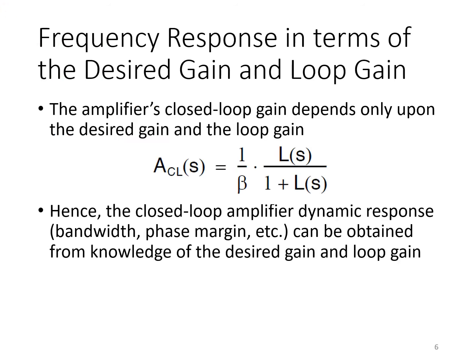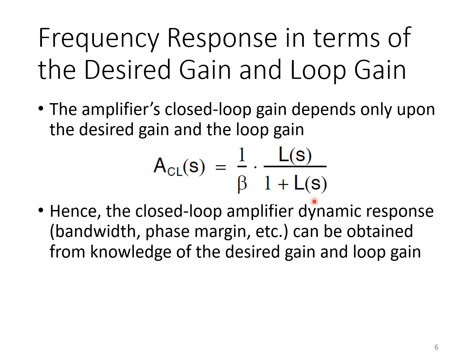So that brings us to our next point where we recognize that the amplifier's closed loop gain depends only on the desired gain and the loop gain. So again, writing the closed loop gain in this form, we see clearly that we've got the desired gain, which is generally constant over a very wide range of frequencies.